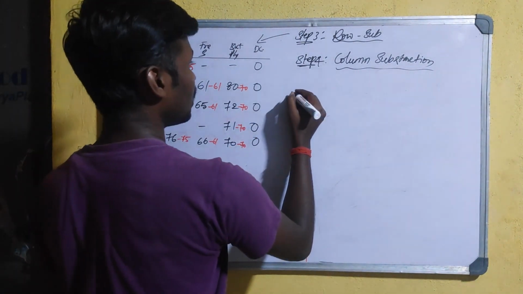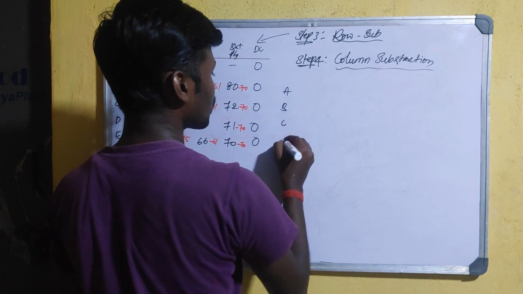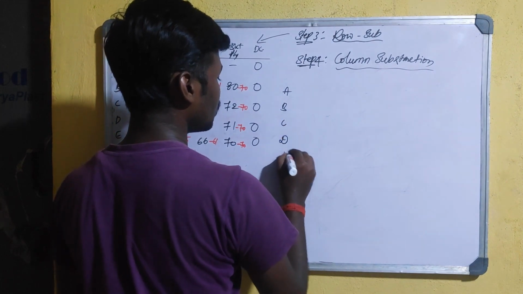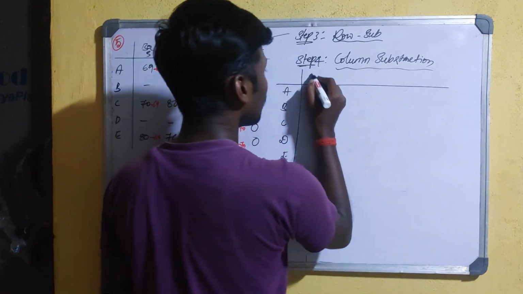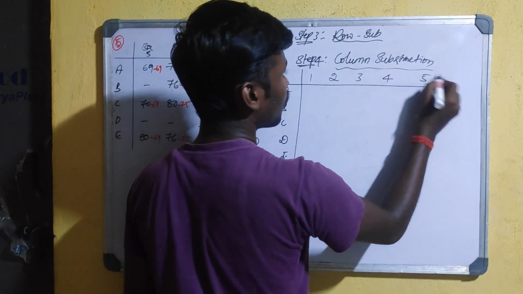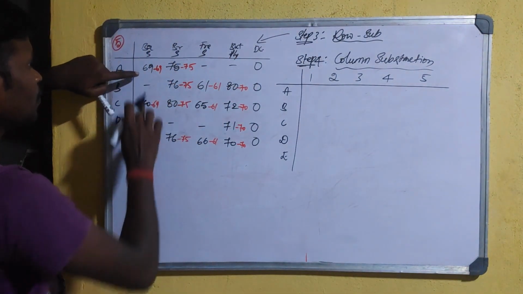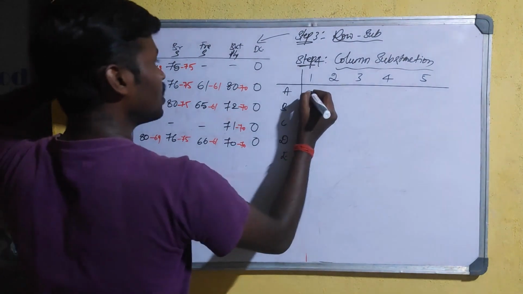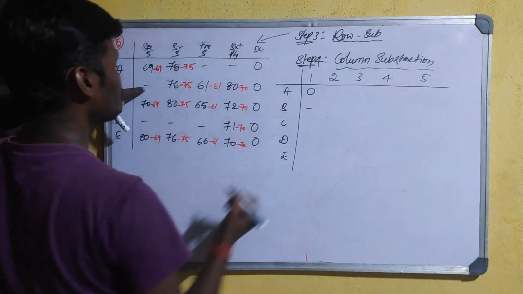So how many swimmers are there? 5 swimmers, A, B, C, D, E. And how many styles are there? 5. 1, 2, 3, 4, 5 styles are there. Okay, so column subtracted table, 69 minus 69, that is 0, and we have to prohibit this cell.